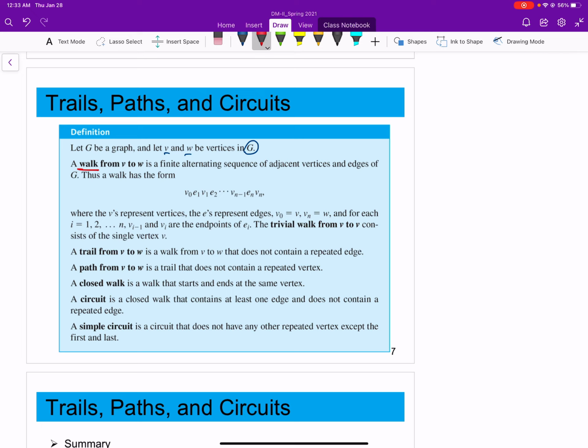So you can have a finite alternating sequence of adjacent vertices and edges. Okay, that is called a walk. All right. As an example, let's say you have these vertices and these edges.